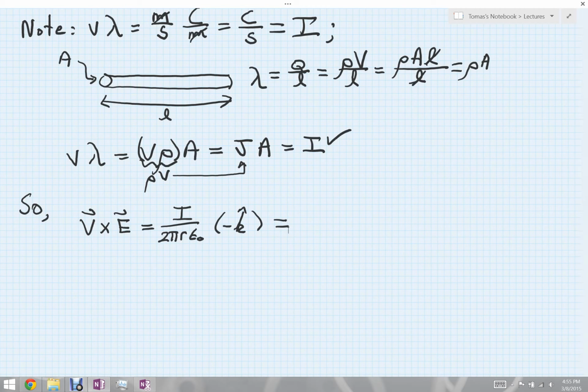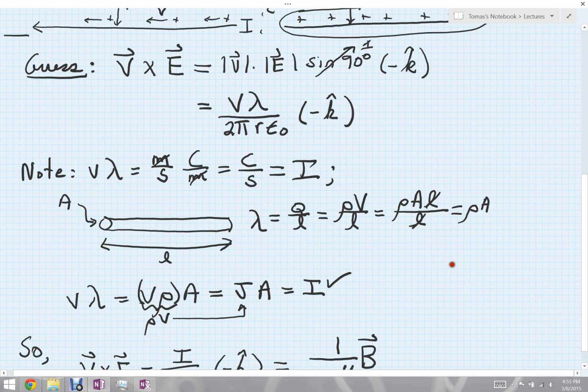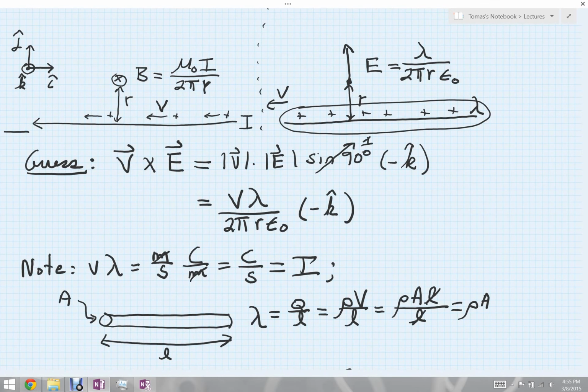Well, I can get a mu naught on top pretty easily. What I would do is take my actual magnetic field, B, which has the mu naught on top, and to reproduce this result so that I can write an equality, I have to divide by mu naught, which gets rid of the mu naught that lives in the magnetic field formula.